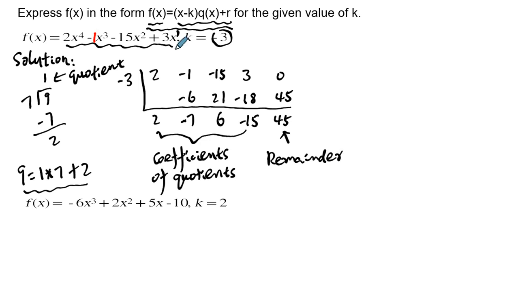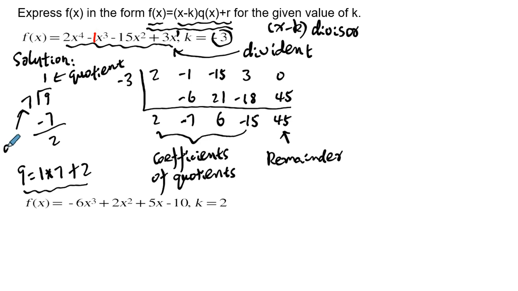And we know this will be the dividend, and here x minus k is the divisor. This is the divisor and this is the remainder.